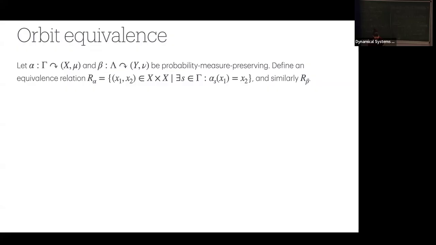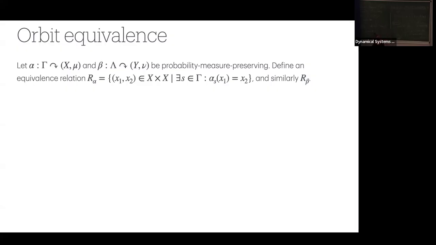Recall the notion of orbit equivalence, or if you haven't seen it before, we can define it this way. If we have two probability measure preserving actions, then we can define orbit equivalence via these equivalence relations that we learned about this morning. So this is exactly what we saw earlier.